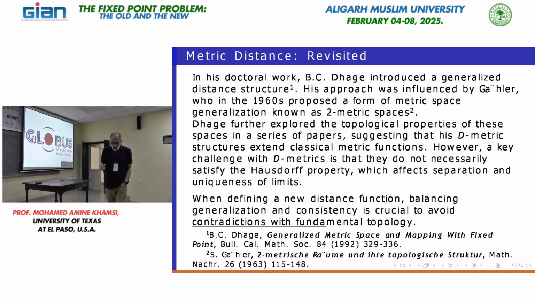So, what happened? My friend Brailey, who is a big name in functional analysis, as well as in fixed point theory and metric fixed point theory, came to know about the publication by Professor Dhage on D-metric spaces. And he saw that there is a problem, okay?